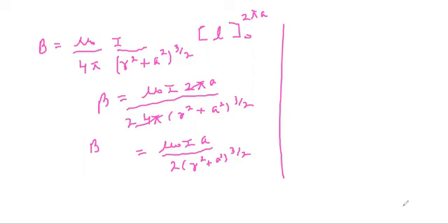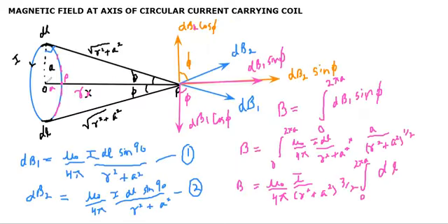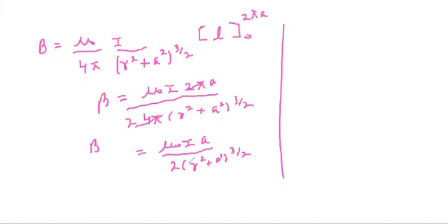Now suppose you find the magnetic field at the center. When this point comes here, the distance becomes 0. The value of r becomes 0. Now again you can fill the value of r with 0 and solve. So a square over 2, cancelling, becomes a cube. You can find it yourself, this is just simple maths. So after doing this, you have to do it for two cases.